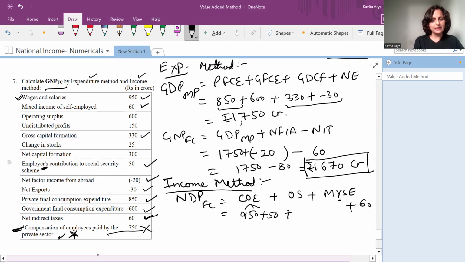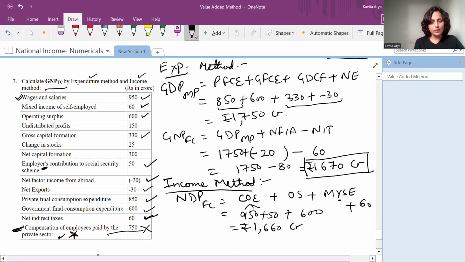Operating surplus is given clearly here, 600. And mixed income we have already written. So yeah, it's all sorted, I've seen. So 1,660 crores in rupees.